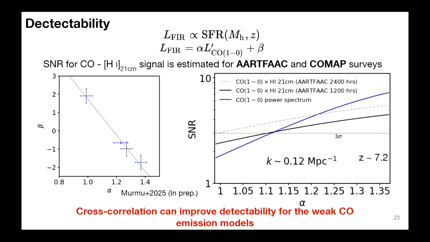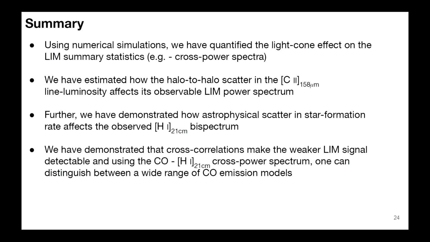But when we started looking at the cross power spectrum instead of the auto power spectrum of CO, we started to pick up this extremely weak signal. So the cross power spectrum helps you pick up an extremely weak signal that is not detectable via the auto power spectrum. There are other reasons why you would do cross correlation, but this is one of them.